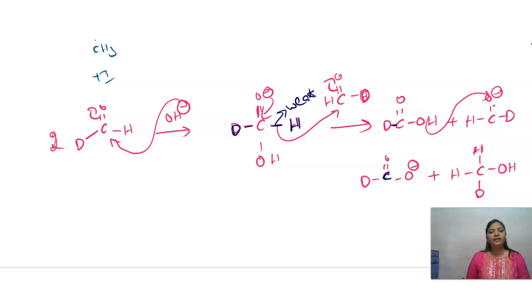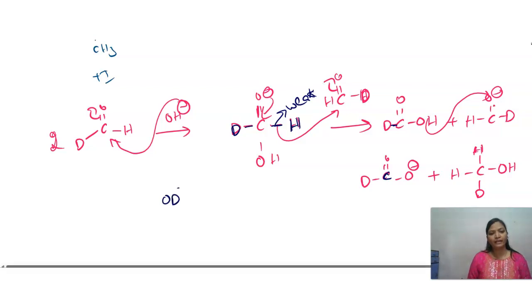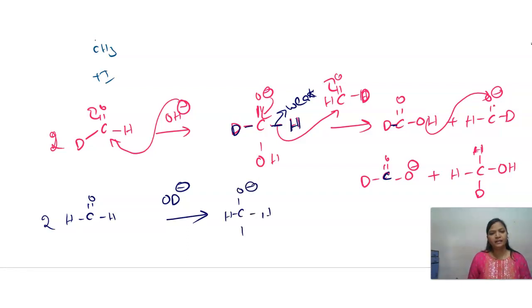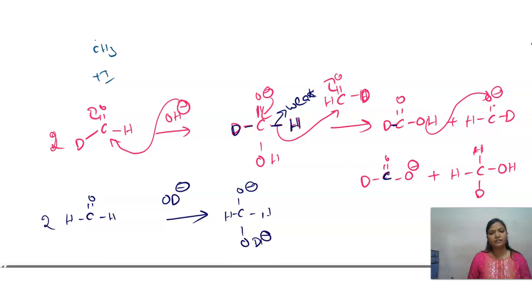So now if the base is taken as OD minus, then what happens? H C double bond O H, 2 moles here, and here we will get C O minus H and OD here, and here another mole of formaldehyde we are taking.